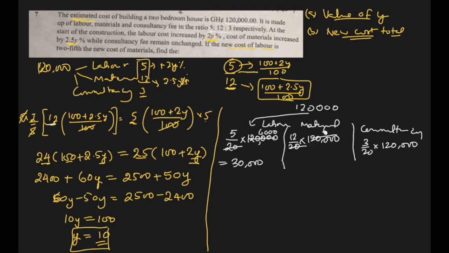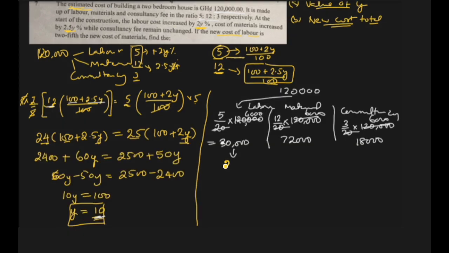This will be 72,000 and this will be 18,000. So 72 plus 18 plus 30, yeah, 120,000. Okay. Now, this increased by 20%. This goes up by 25%. And this remains same.